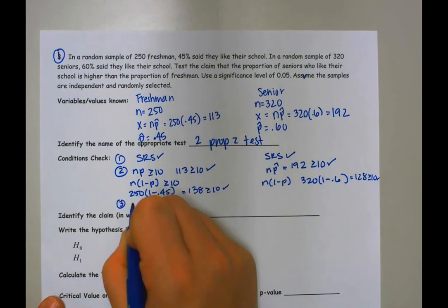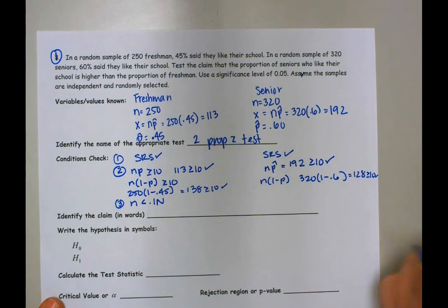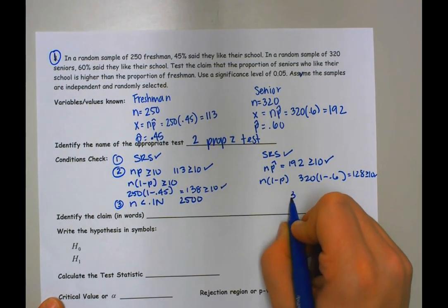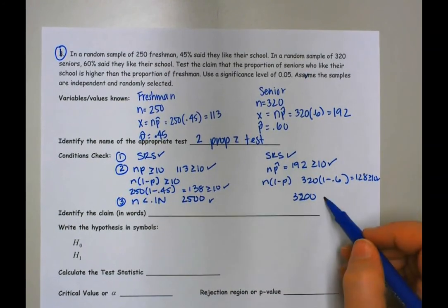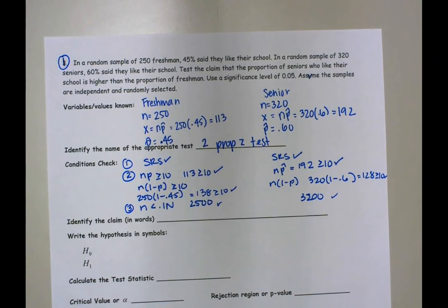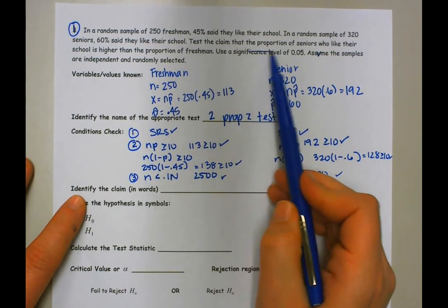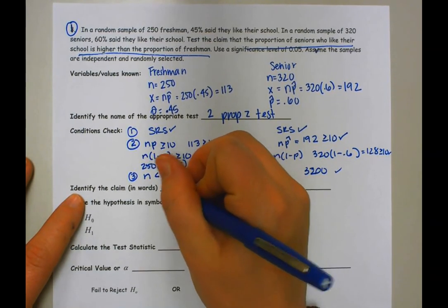Then we check that our n value is less than 1/10 of the population. It is safe to assume that if we talked about all the freshmen and all the seniors in the United States, there are more than 2,500 freshmen and 3,200 seniors. So we're going to be good on that condition. Then we're testing the claim that the proportion of seniors who like their school is higher than the proportion of freshmen.